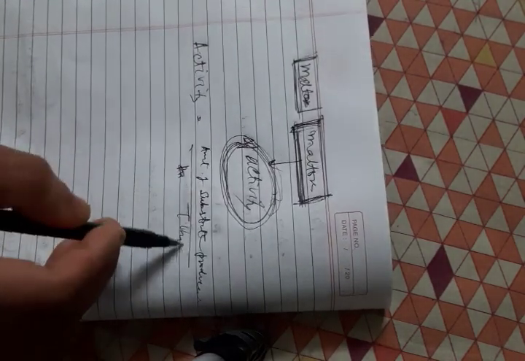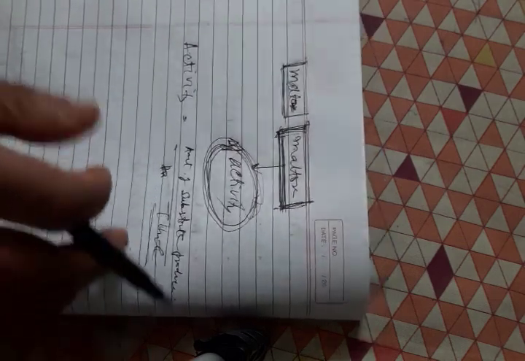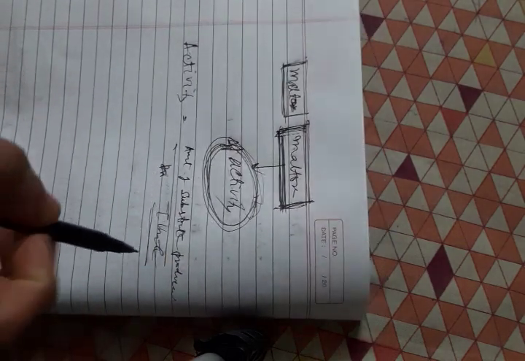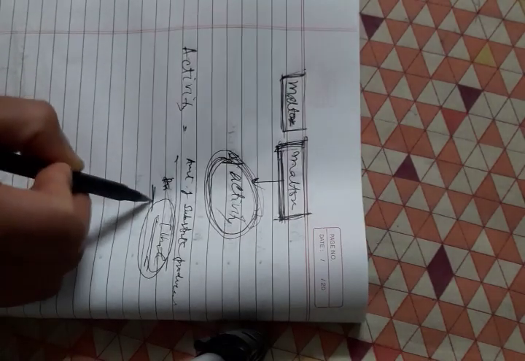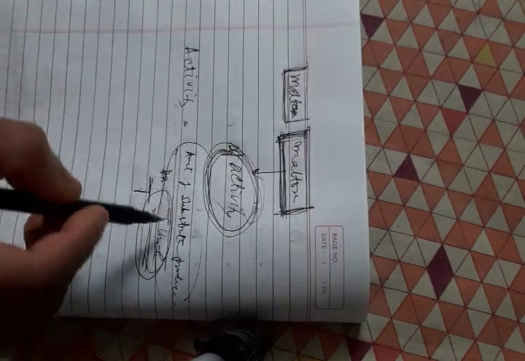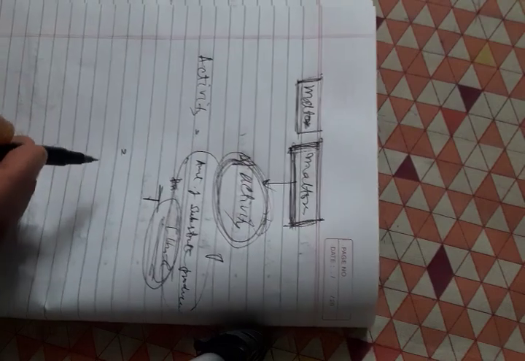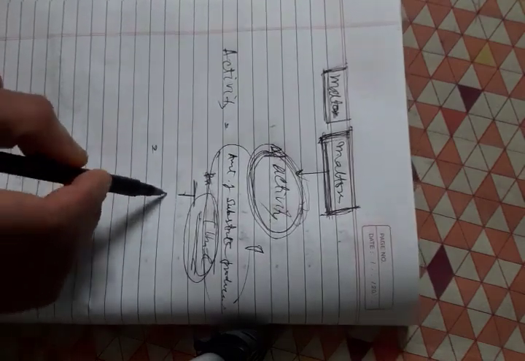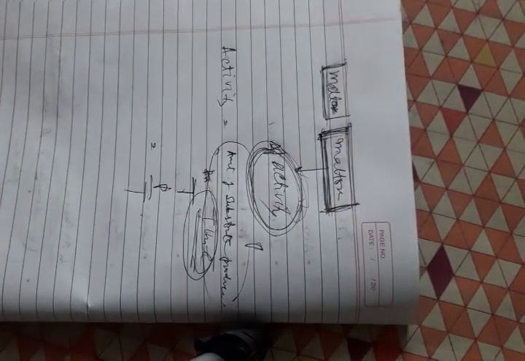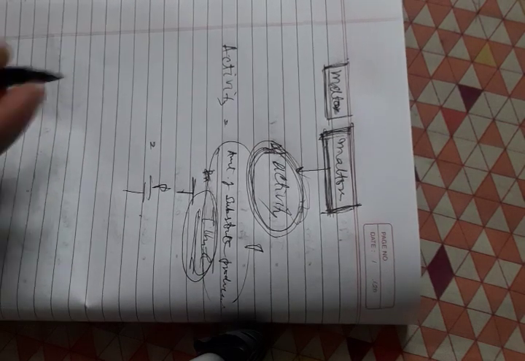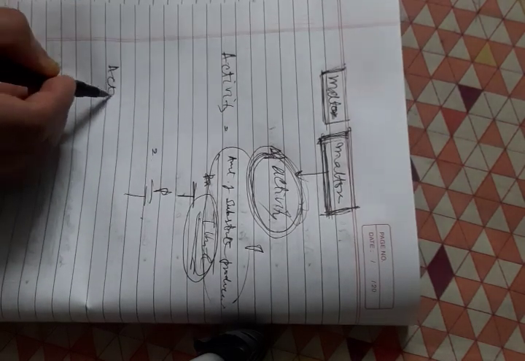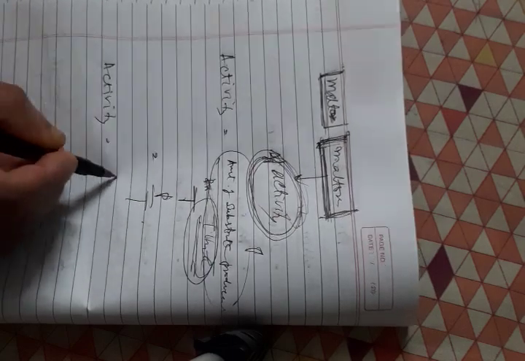For example, this amylase is given time t, and it produces product p, then the activity of the amylase enzyme is p by t, okay. So the unit, the dimensions of activity, is like this.